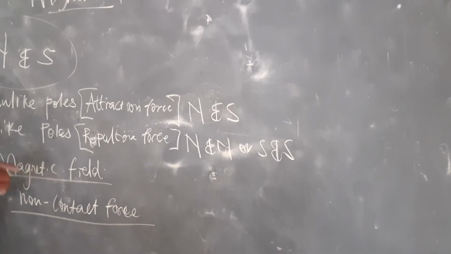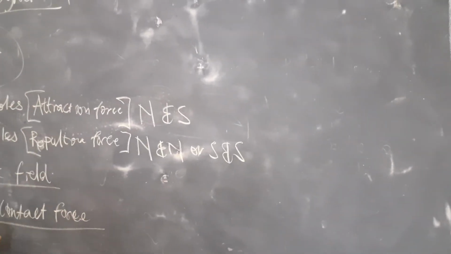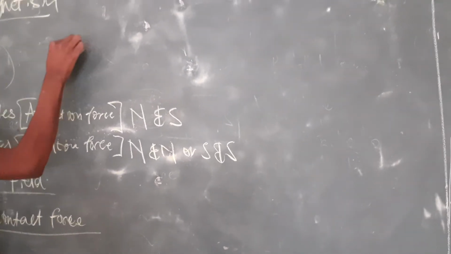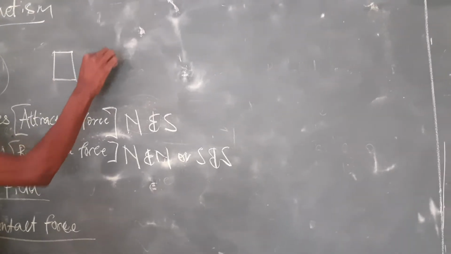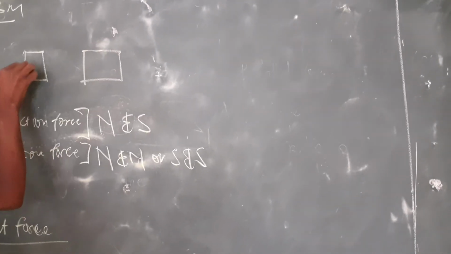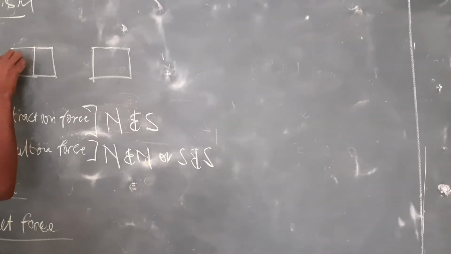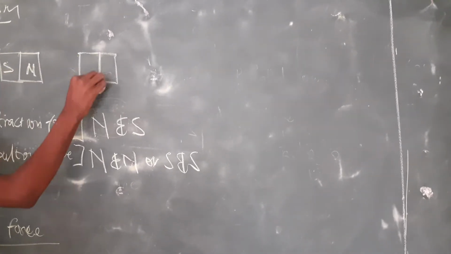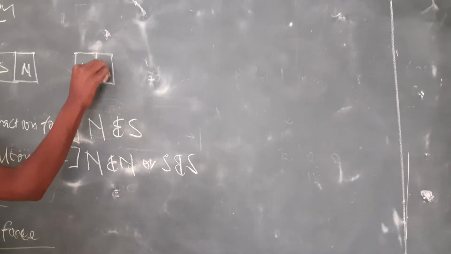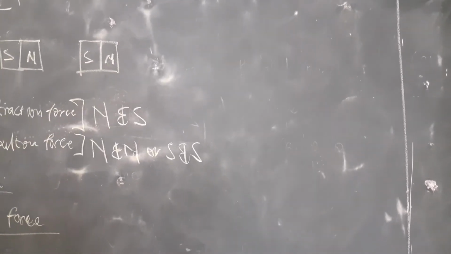Now looking at this, we have a magnet of this nature, and another magnet of this nature, where we can say that we have south, north, south, north.